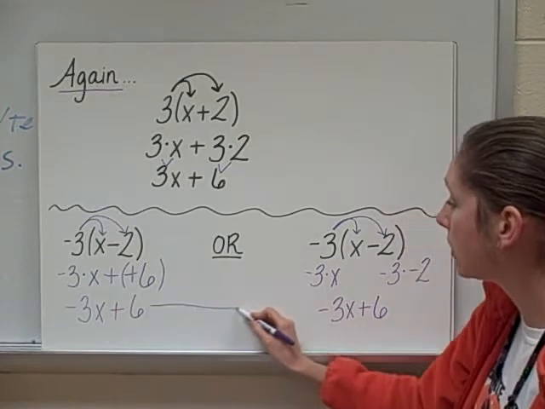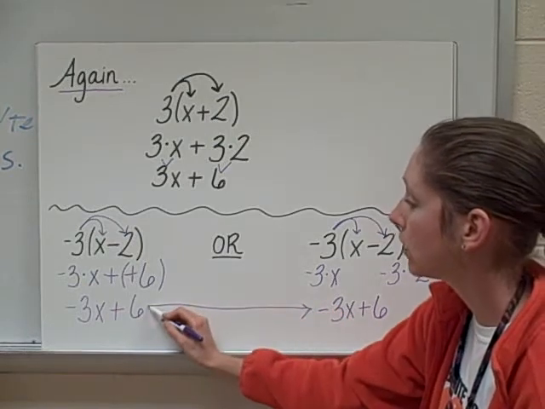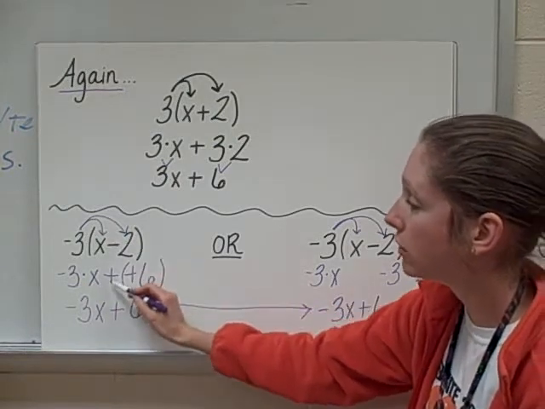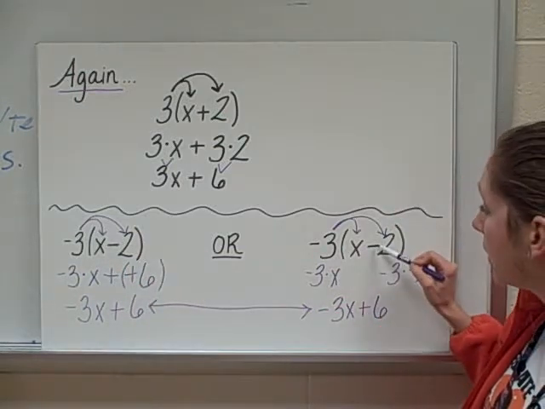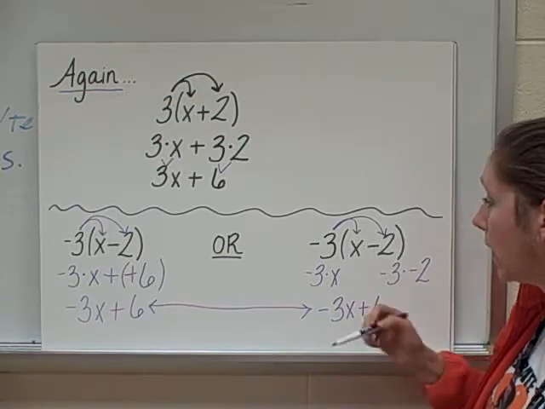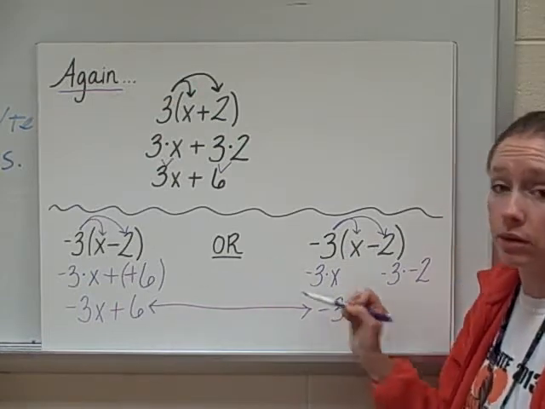Notice I got the same exact thing. So whether you think of bringing down your minus, then distributing, or distributing with this as a -2, you're going to get the same answer.